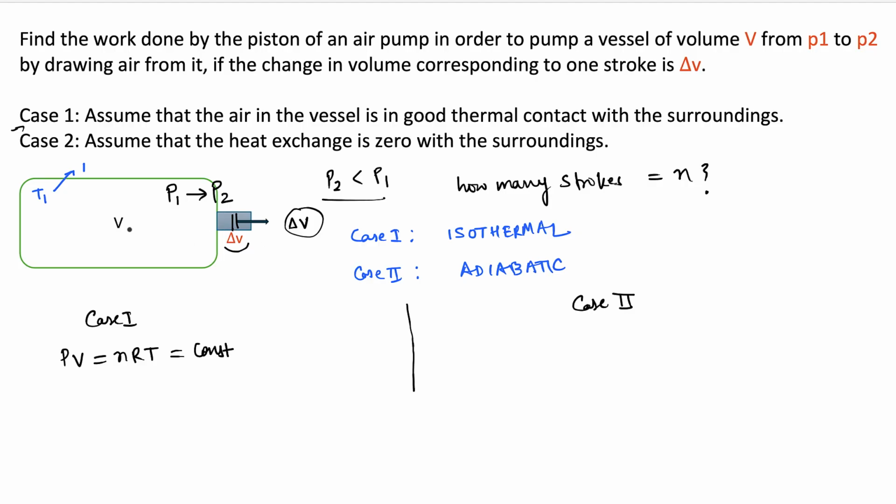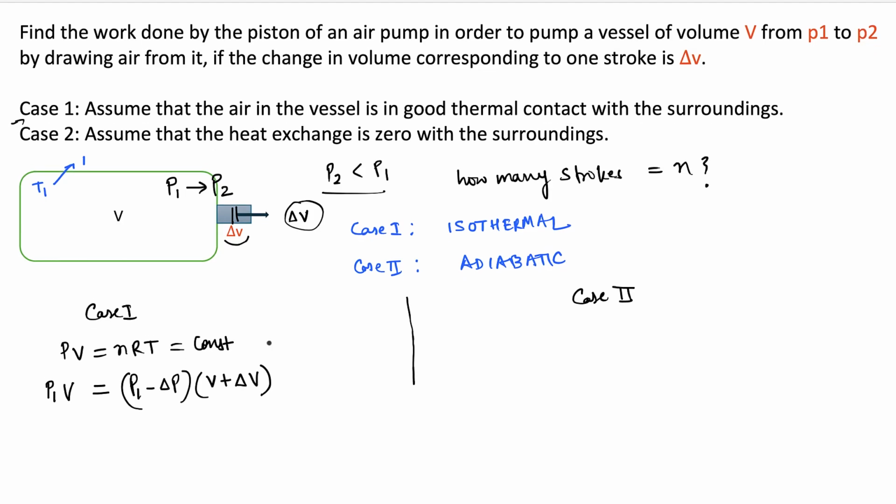At that instance, the overall volume of the tank increases by delta V because this is going to push the air out, and the pressure will reduce, let's say, by delta P. So if the initial pressure is P1 and volume V, then after one stroke it will be P1 minus delta P, V plus delta V. You get this?